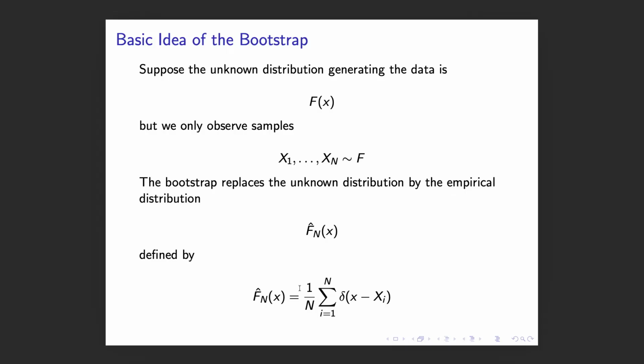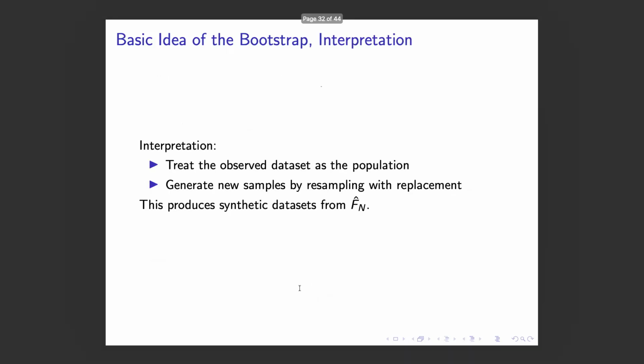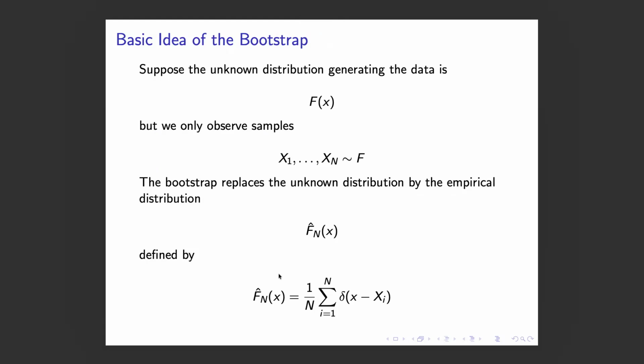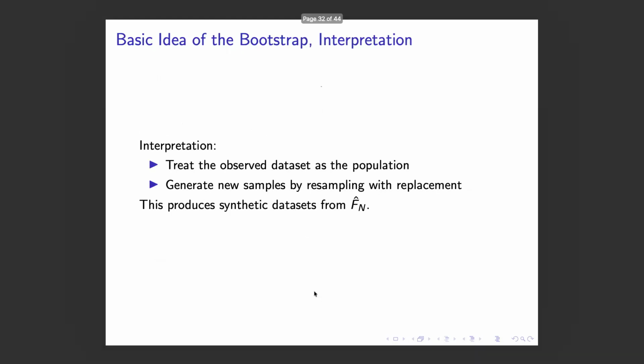And that's something which we have actually done when we run the Monte Carlo calculations. So we treat the observed data set as a population, and you generate new samples by resampling with replacement. That produces a systematic data set from this original distribution which we have here. So you see every event has the same likelihood, 1 divided by n.